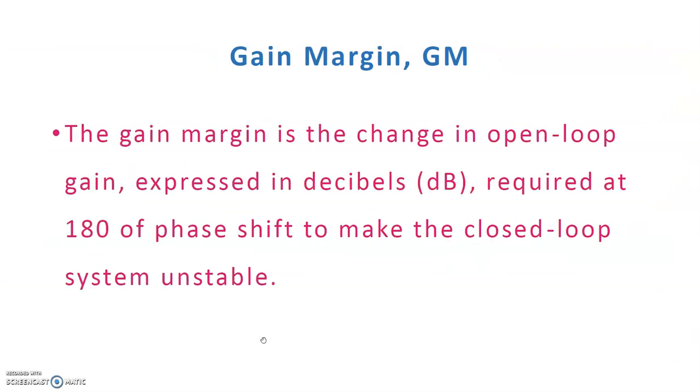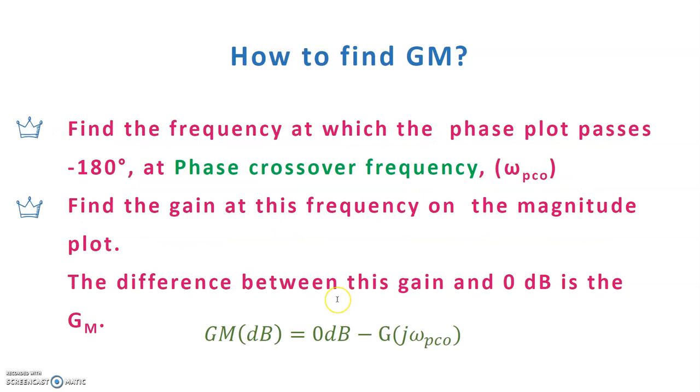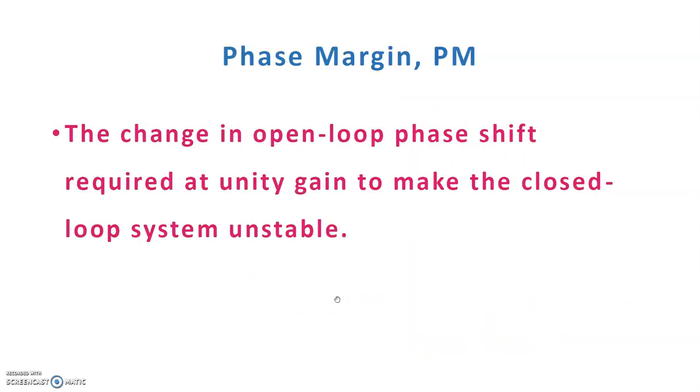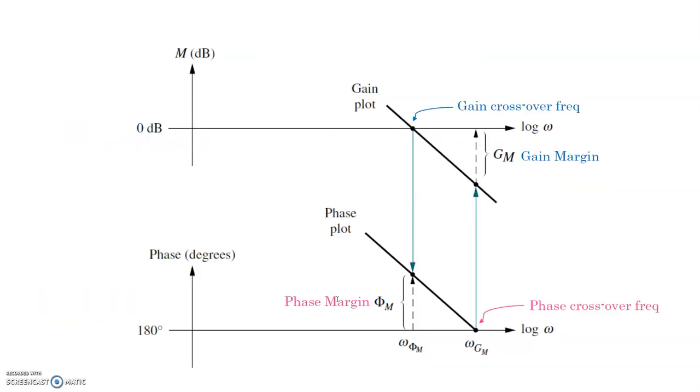To determine the stability, it's based on gain margin and also phase margin. To determine the gain margin, first we refer to negative 180 degrees from the phase plot.